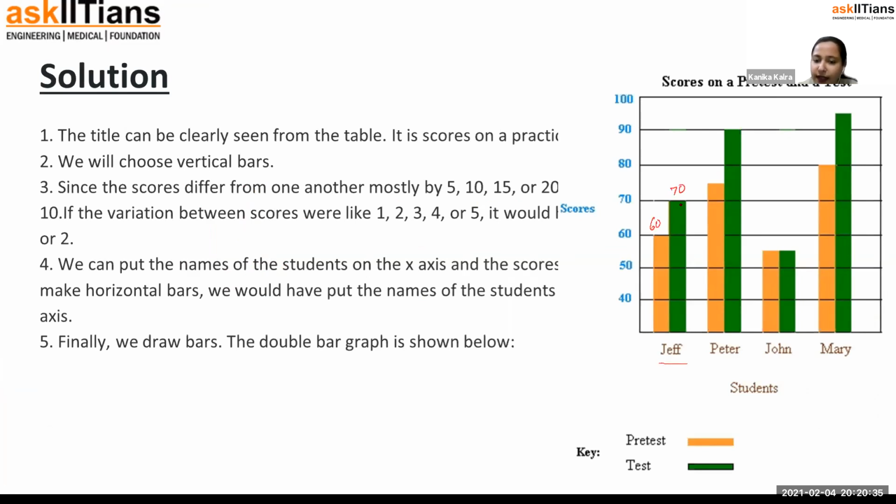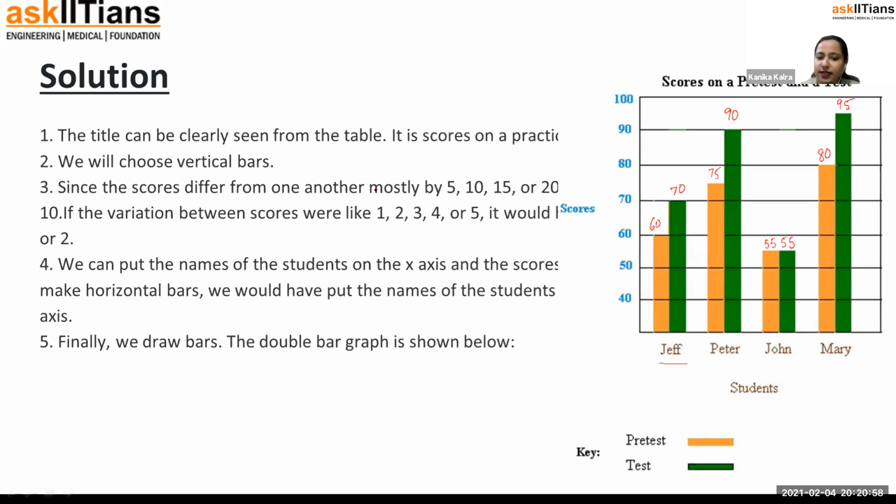They have compared the data for a single student in the practice test and in the final test. For Peter, this would be 75 and 90. For John, this would be 55 and 55, both scores are the same. For Mary, this would be 80 and 95.